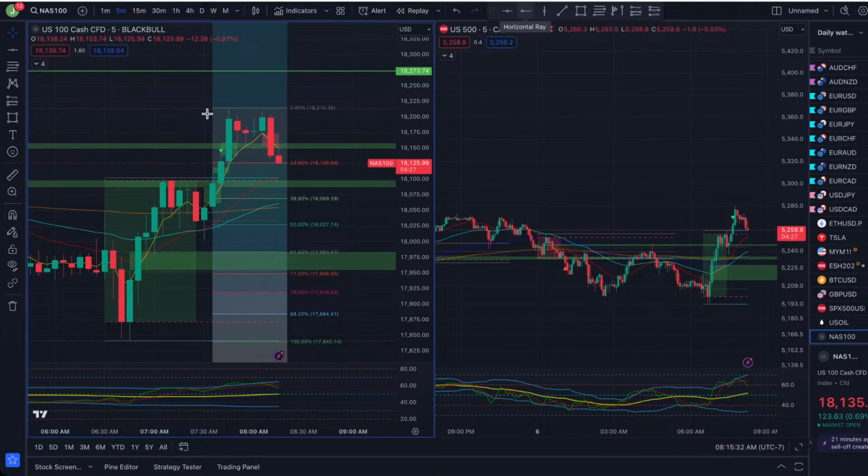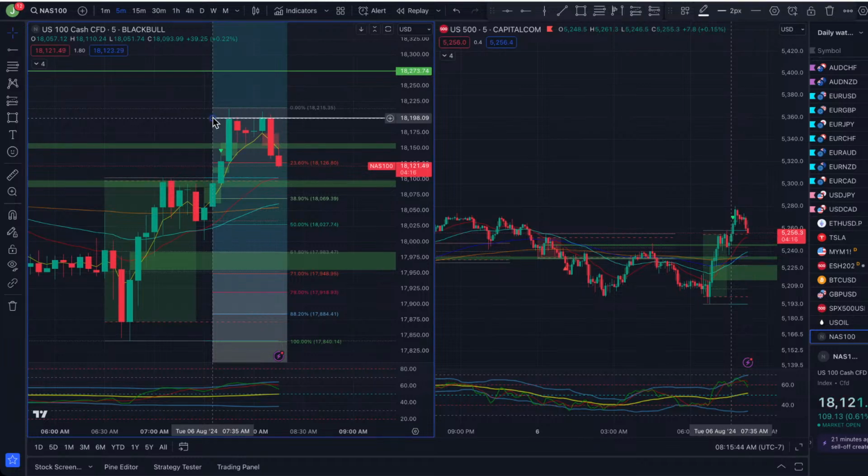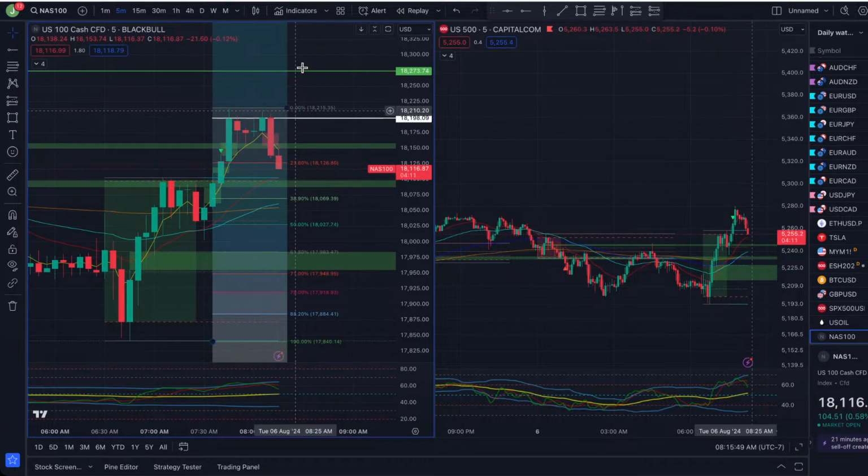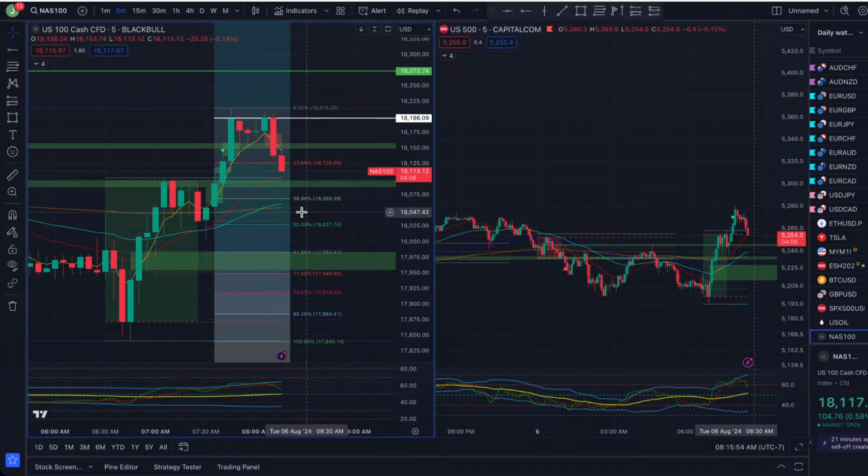What I said before, the market hates straight lines. So we will most likely break this and tap this, but we want to get a good entry.